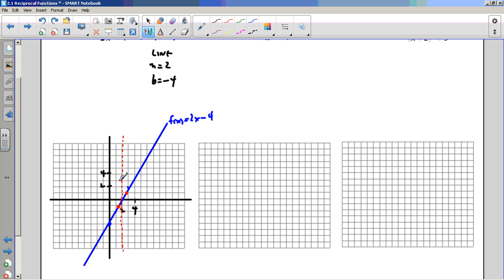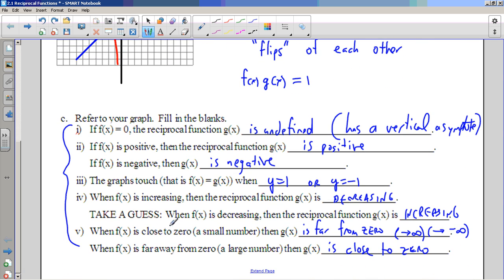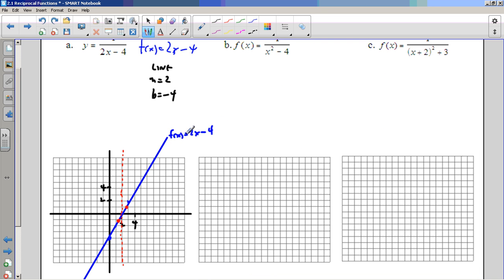But let's just go through the recipe and see what else it tells us. When f at x is close to 0, g at x is far from 0. When the blue one is close to 0, the red one is far from 0. Similarly, when the blue one is far from 0, the red one is close to 0.